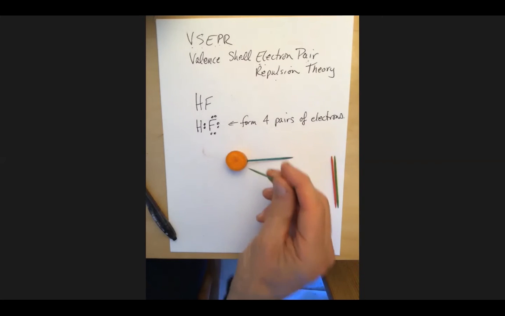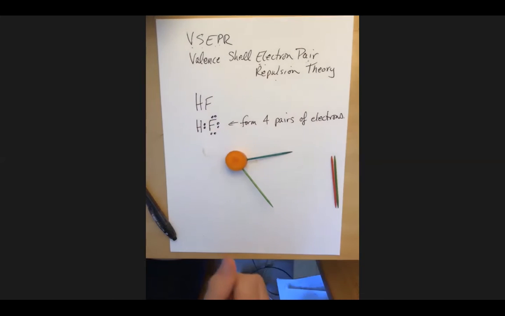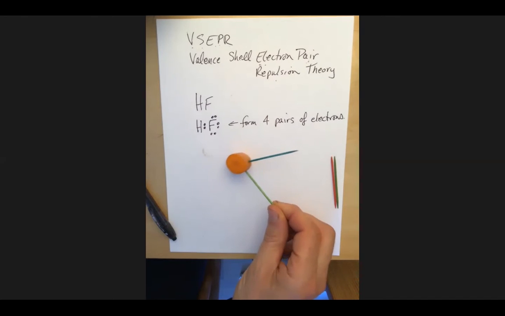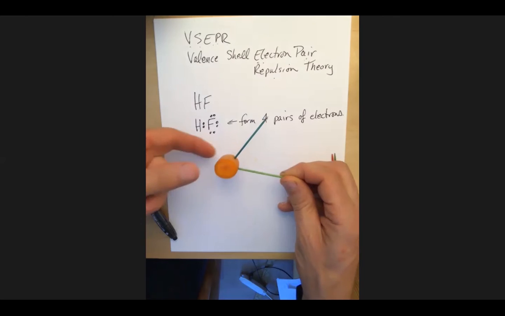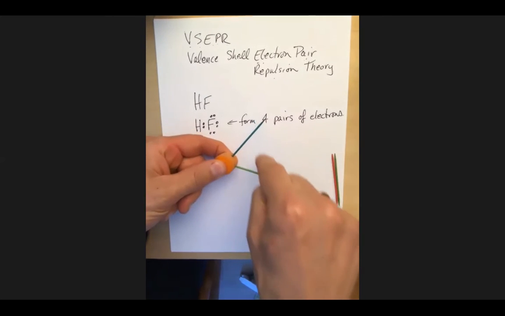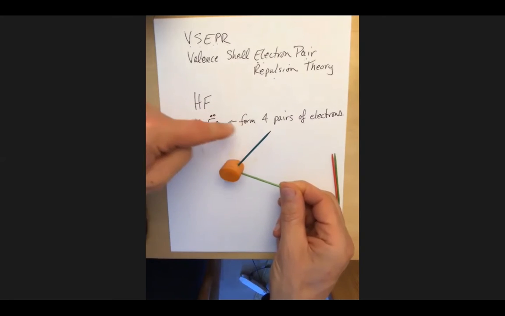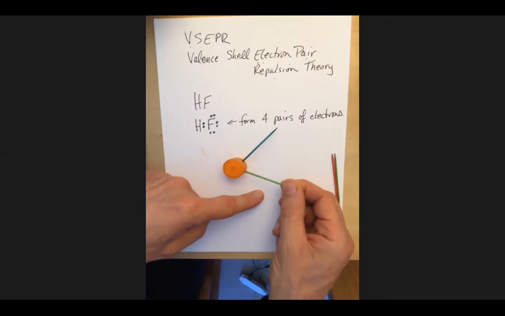So if I stick my second pair of electrons right here, that looks unorthodox to us, but it also might point out that if these electrons are trying to get as far apart from each other as they possibly can, this distance on this side is a lot less than the distance all the way around on this side. Right? Yeah. So they're not as far apart from each other as they possibly can be.